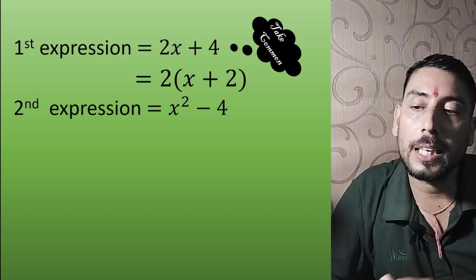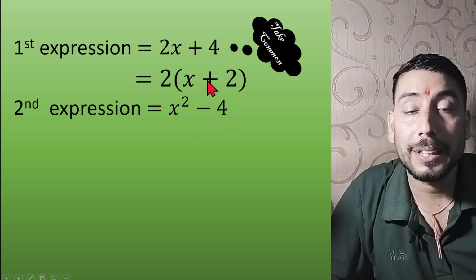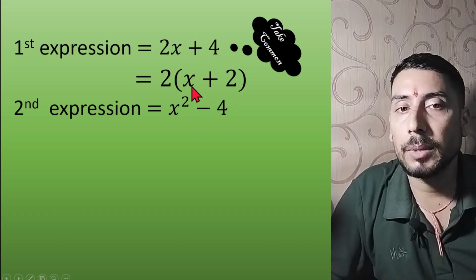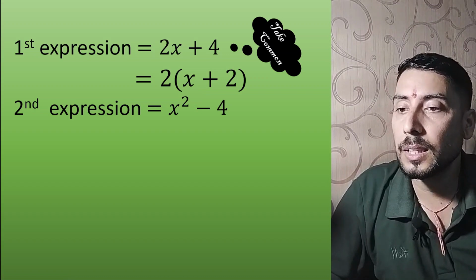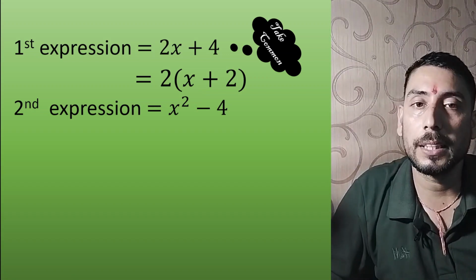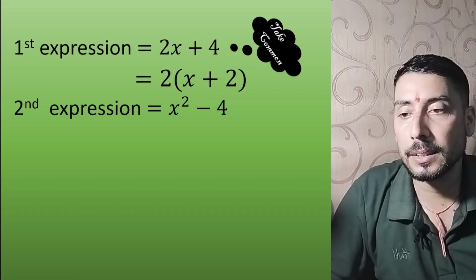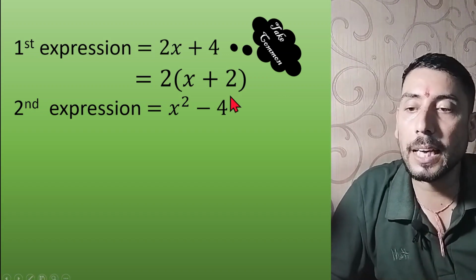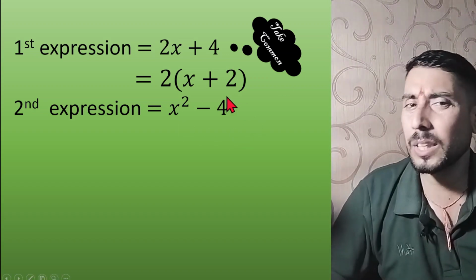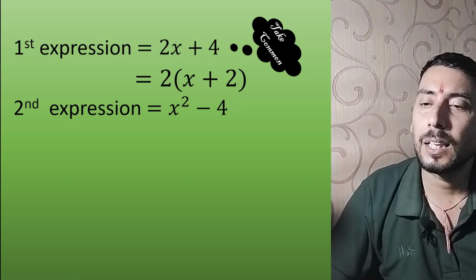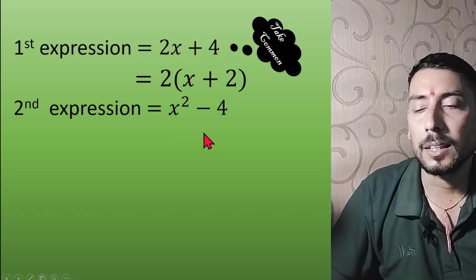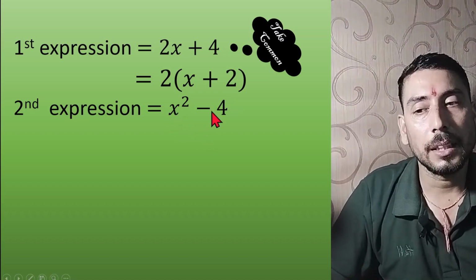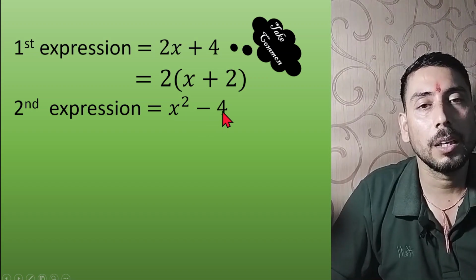Whenever there are 2 terms, there is a high chance that the formula technique may be applied. That means it looks like some formula. Which formula does it resemble? Any idea? Yeah, that's correct. 4 is also a square number.